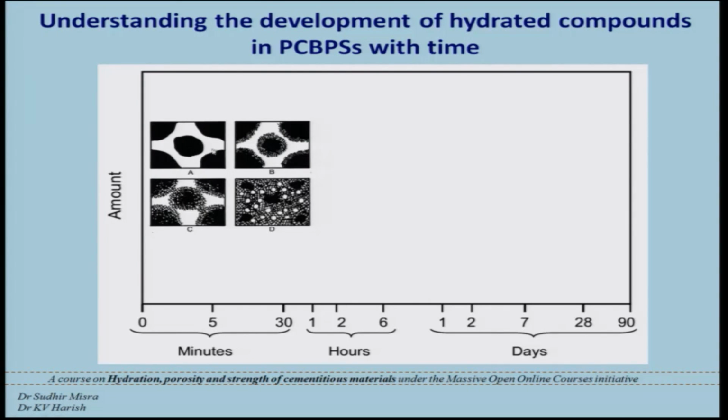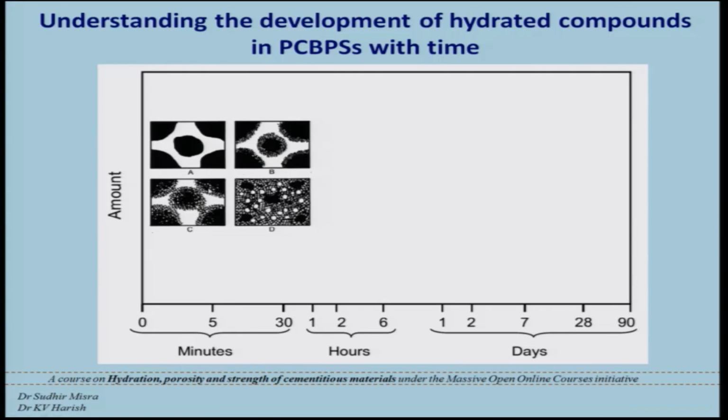You also see that the area in which water was initially present is slowly filled with the hydration products, and finally the hydration product is not completely able to fill all the pores or all the water area. So, you still finally have some capillary pores.